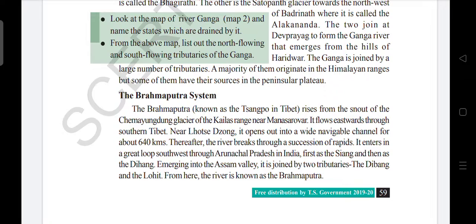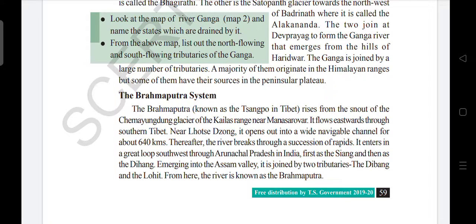It opens out into a wide navigable channel for about 640 kilometers, and thereafter the river breaks through a succession of rapids and enters in a great loop southwest through Arunachal Pradesh. So, this Brahmaputra enters India from Arunachal Pradesh, first as the Siang and then as the Dihang, emerging into the Assam Valley.